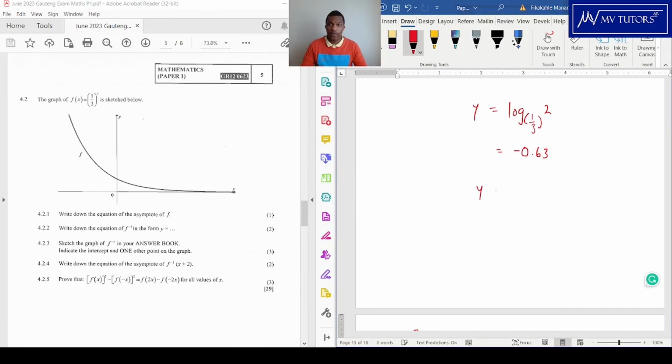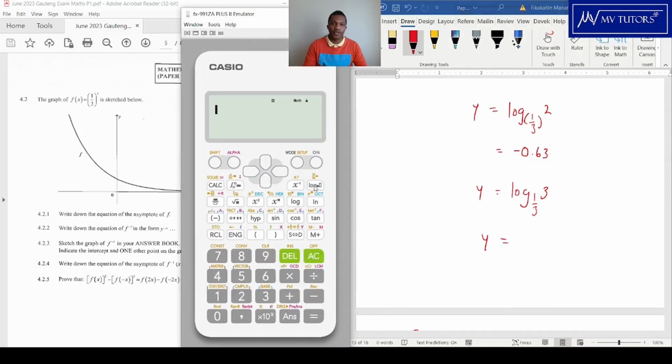I want a perfect number. So I'll go log base 1 over 3, and let's try 3 this time. Remember, we tried 1, we tried 2. This should give us a perfect value. Let's see. We go log base 1 over 3 of 3.